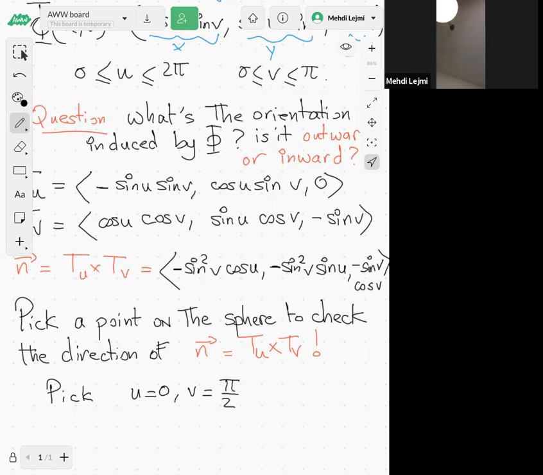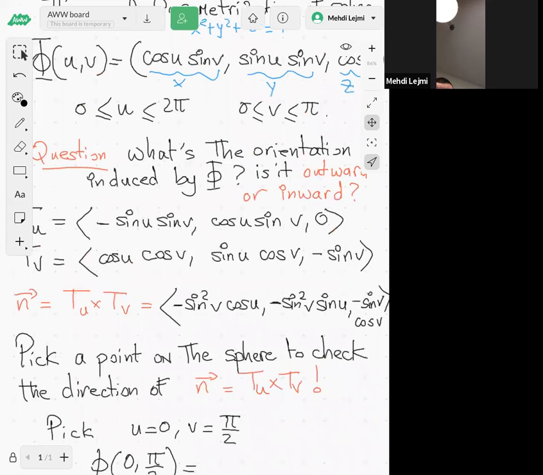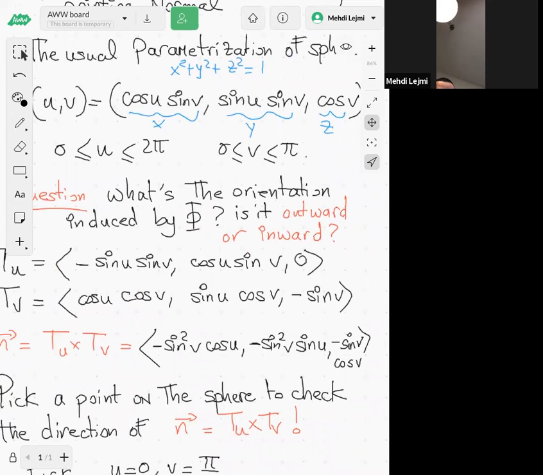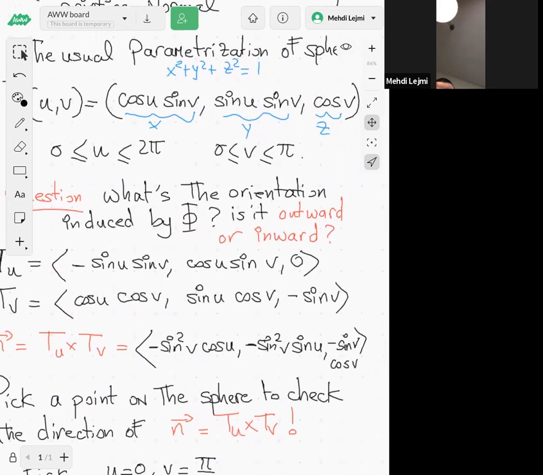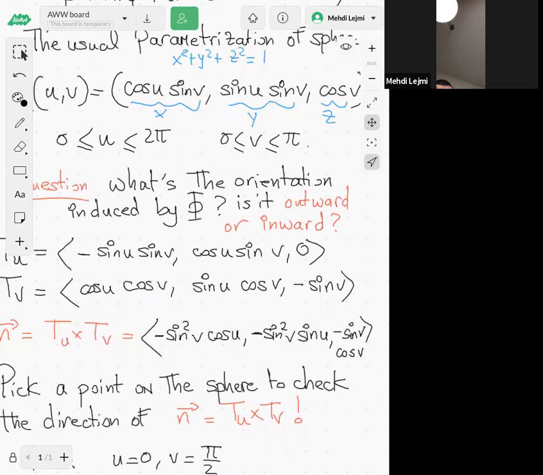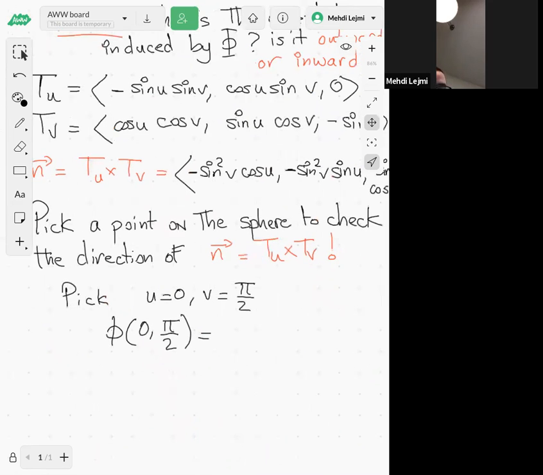So what will be this point on the sphere? phi of 0, pi over 2 will be equal to, well, you just replace u by 0 and v by pi over 2. So it'll be 1, 0, and cosine of pi over 2 is 0. So this is just the point (1, 0, 0).